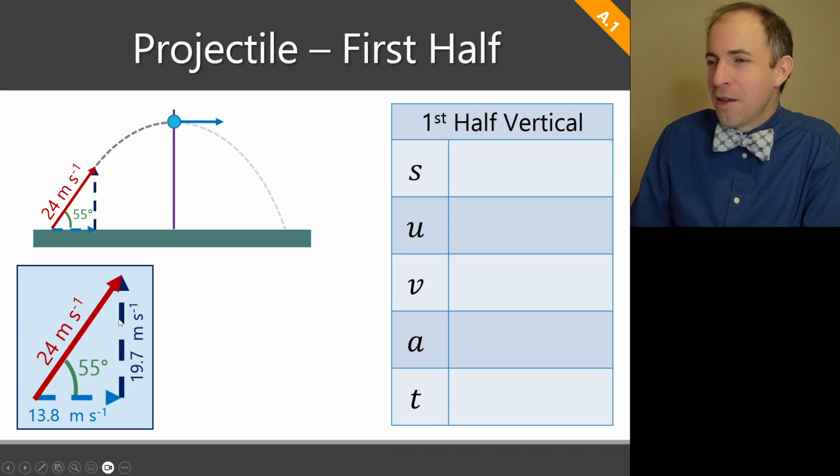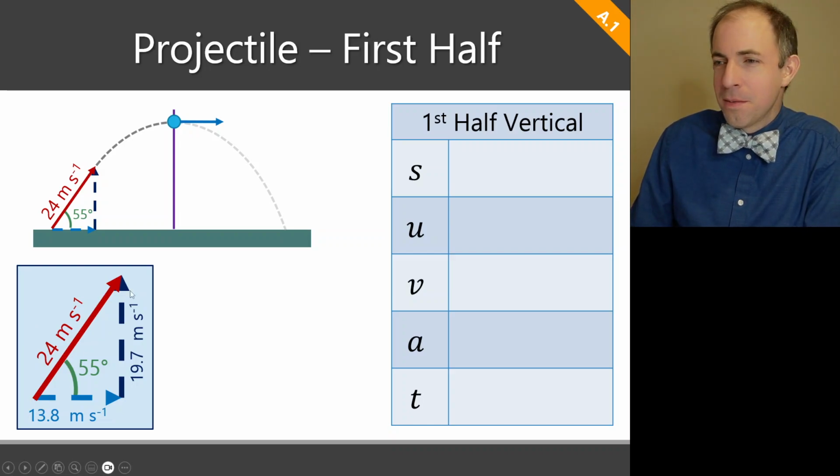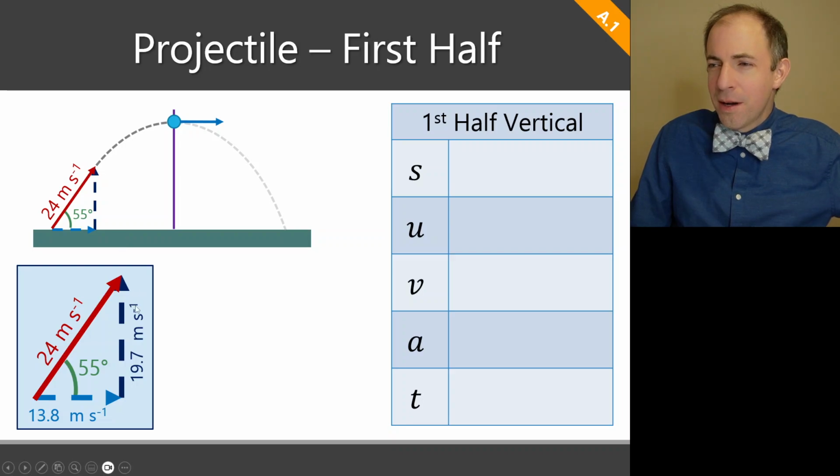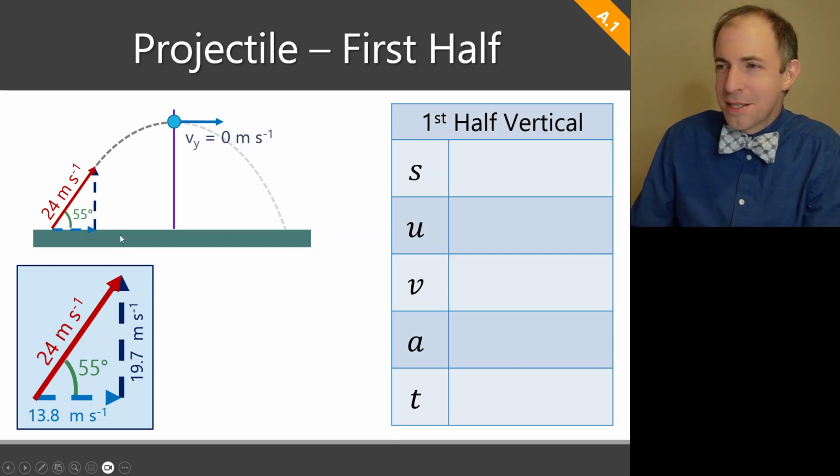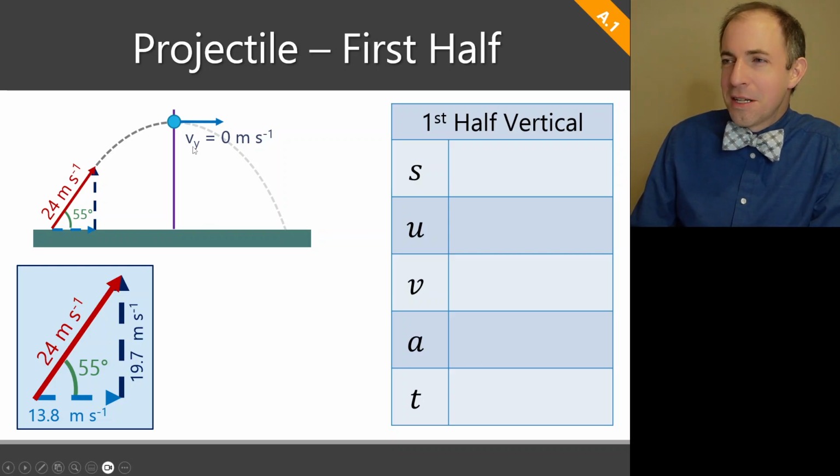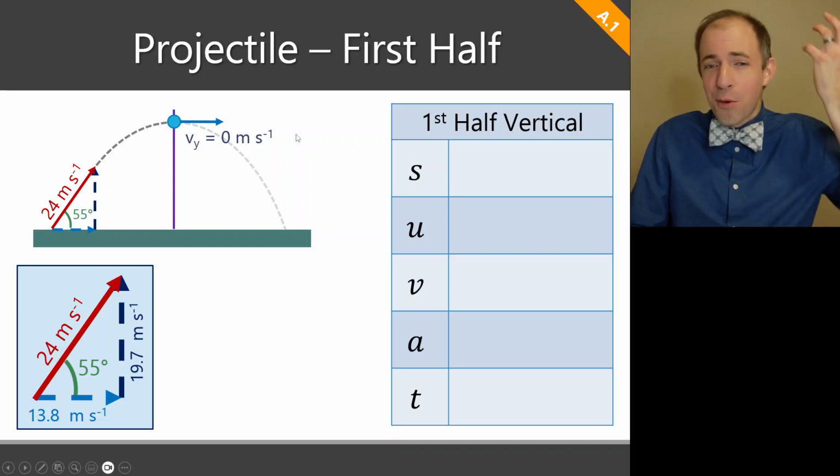We said that the vertical component of this 24 meter per second vector is 19.7 and the horizontal is 13.8. If I'm looking at the first half, but just the vertical part, I need to be paying attention to what's happening vertically. Vertically here at the top, I have a final velocity of 0, just like if I throw something up in the air.